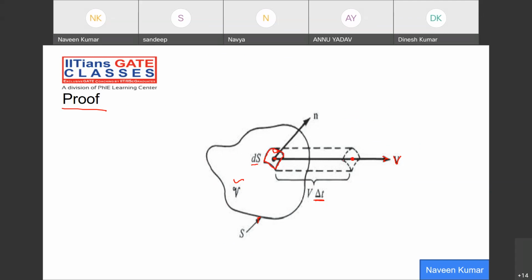So how much distance has it covered? V into delta t. Can I tell like this?